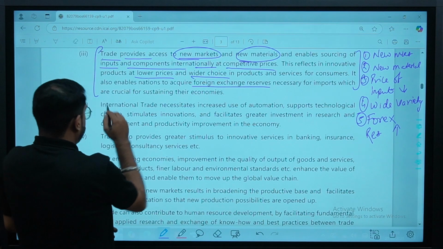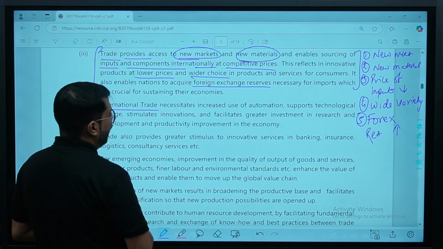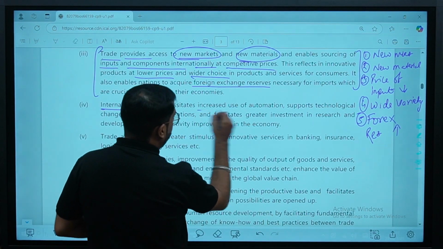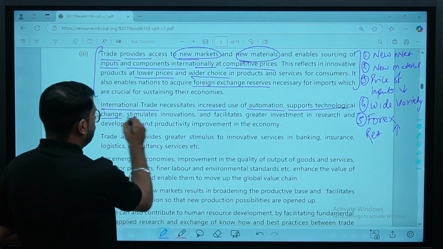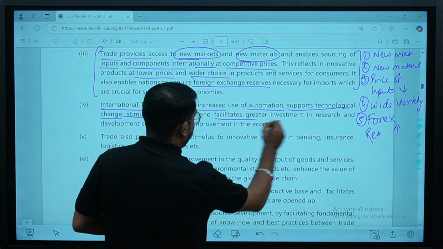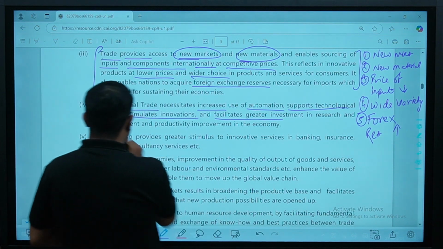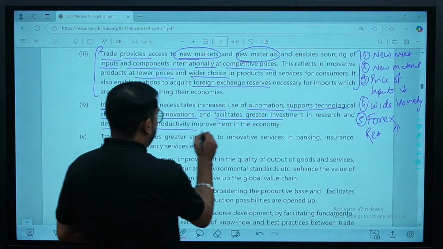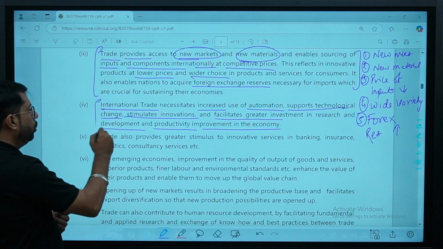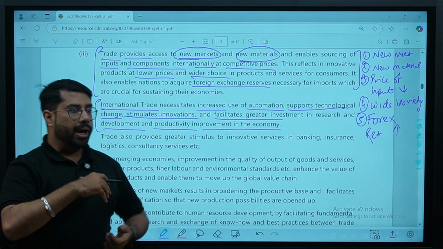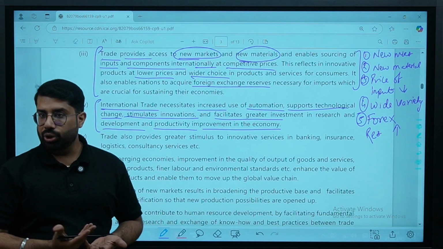Then fourth point says international trade necessitates increased use of automation, supports technological change, stimulates innovations, facilitates greater investment in research and development, and productivity improvement in the economy. Like when you do international trade, you get access to new technology.